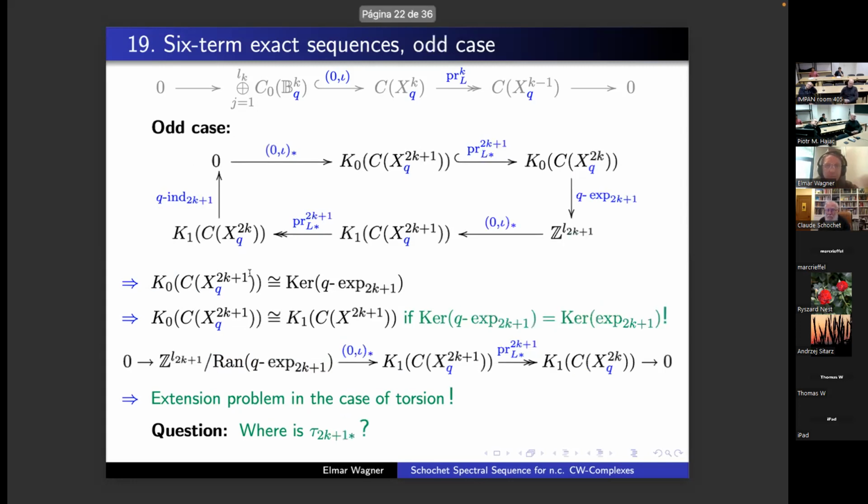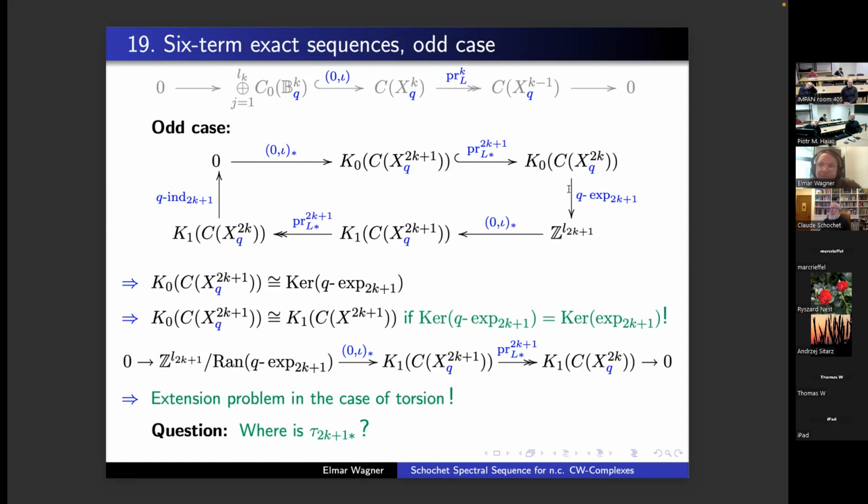So we can do the same thing in the odd case, and exactly the same thing happens. Now in the odd dimensional open disk, the K0 is 0.